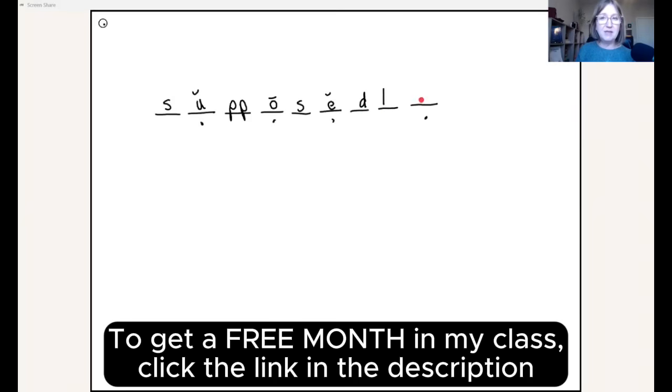And then the E sound at the end of a multisyllable word is spelled with a Y. Now, just for fun, how many people knew that there was a D there? Because a lot of people pronounce that word as supposably. That's incorrect. It's actually supposedly. Now you know.